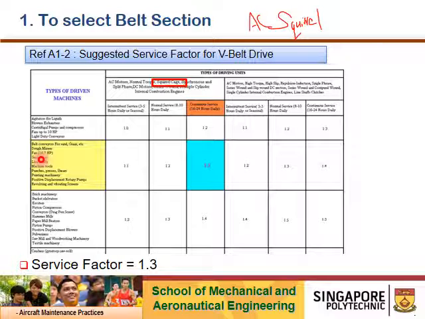The reason we choose this second row is that the driven machine is a fan. There's another fan entry on top, fan up to 10 horsepower, but our fan in this question is 14.7 horsepower. So choose the closest or correct type of driven machine. In this case, my service factor is 1.3.